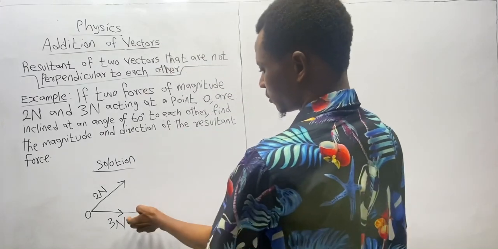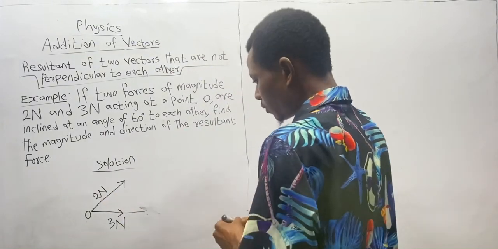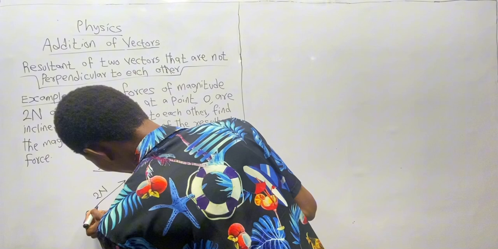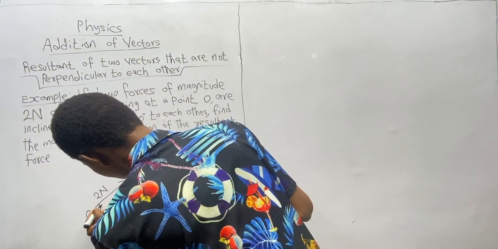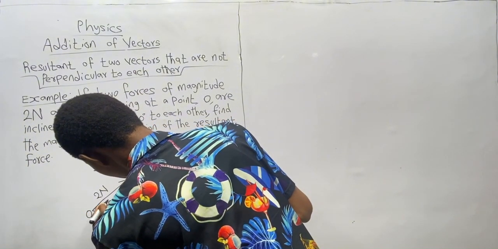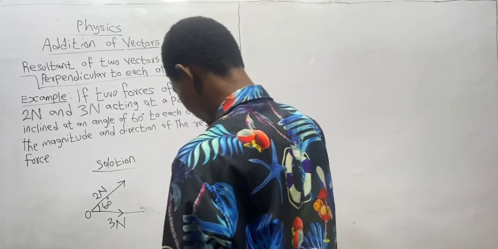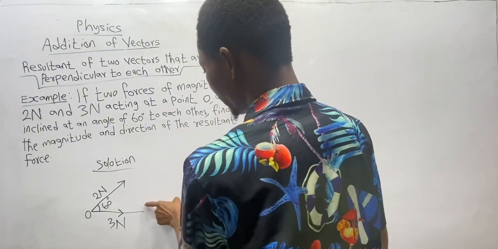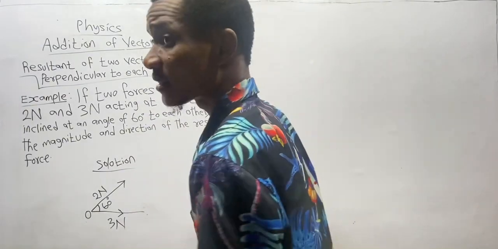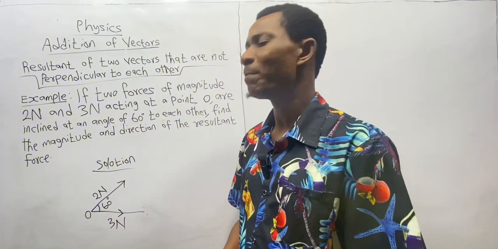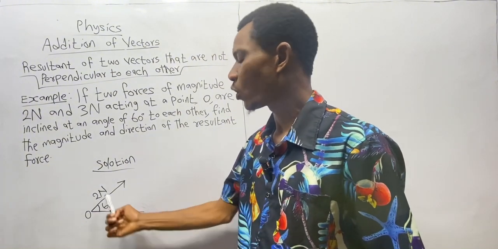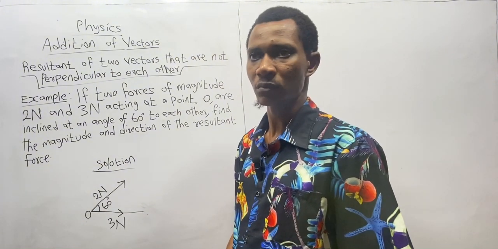So I have now drawn the two vectors, okay? And remember, the two vectors are inclined at an angle of 60 degrees. The next thing you have to do is to form a parallelogram from these two vectors.